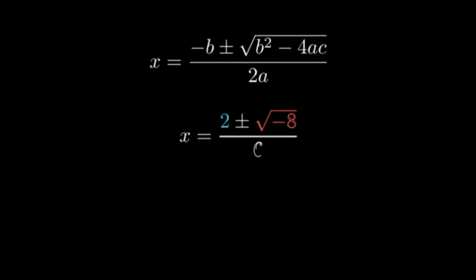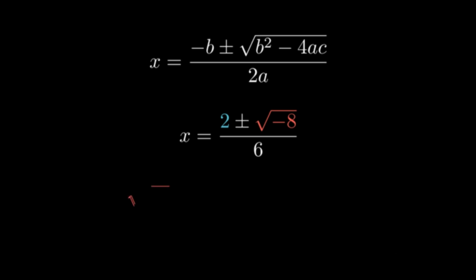Substituting these values into the formula, we get negative b equals 2, since the negative of negative 2 is positive 2. For the discriminant, b squared minus 4ac, we get negative 2 squared minus 4 times 3 times 4, which simplifies to 4 minus 48, or negative 8. So our expression becomes x equals 2 plus or minus the square root of negative 8, all divided by 6.